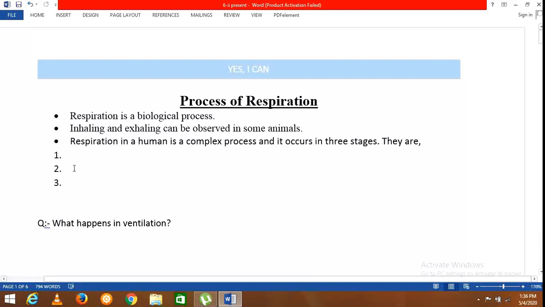Then the second stage is gas exchange in alveoli. That happens inside the air sacs, which consist of alveoli. The third stage is cellular respiration, which I mentioned earlier.